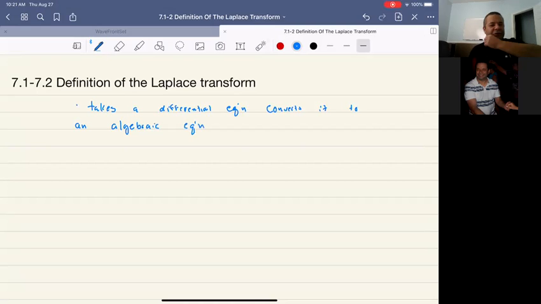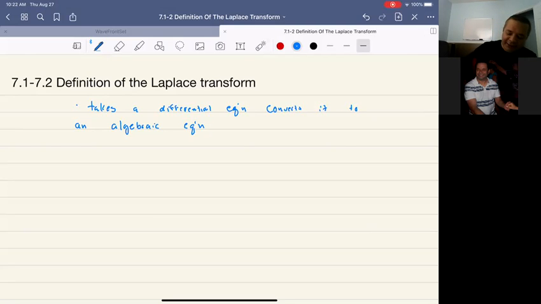In general, algebraic equations are going to be easier to solve than differential equations. So if we can make an algebraic equation, solve it, and then somehow come back and find our function from the algebraic solution, then we're going to be able to solve more problems.